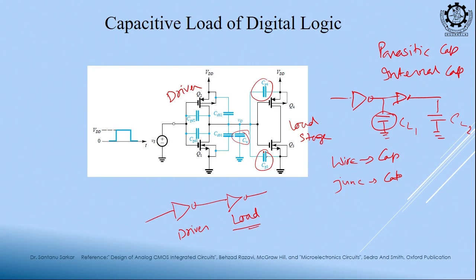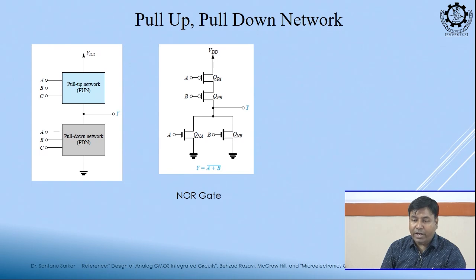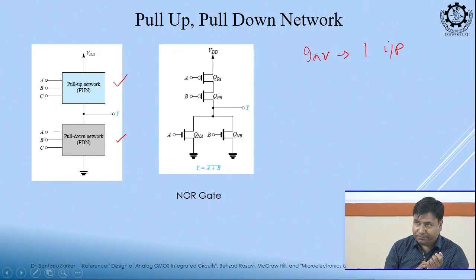So, all of these capacitances will be summed up and make an equivalent load capacitance. So, we understood what is the pull up network, what is the pull down network. So, NMOS generally form a pull down network and PMOS generally form a pull up network. Now, in inverter how many inputs are we having? One input. Suppose I have a NOR gate.